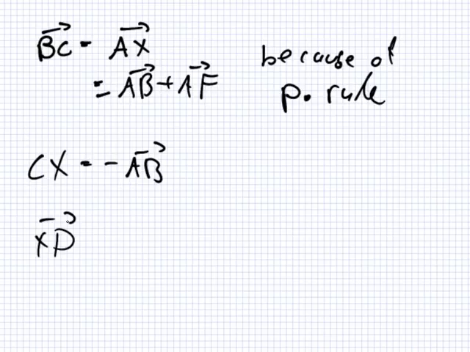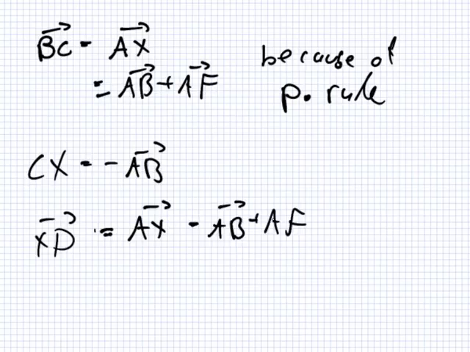So for this one, XD is the same as AX. And AX is AB plus AF. Okay, the next one is AD. 2AB plus 2AF.